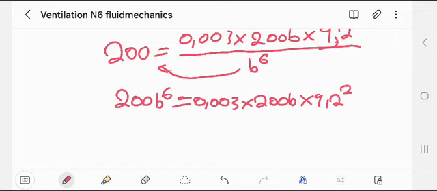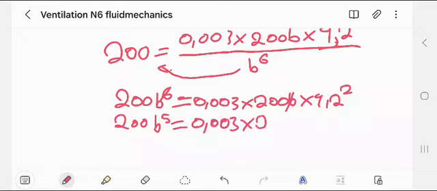Yeah, so we have b here. You see this side will cancel with one of the b's there. That means we'll have 200b to the power of 5, that is equal to 0.003 times 200 times 9.2 squared.